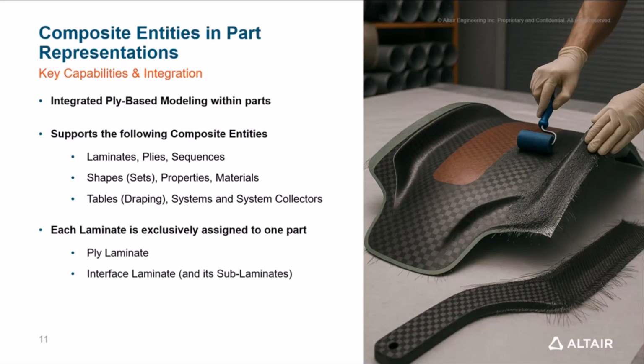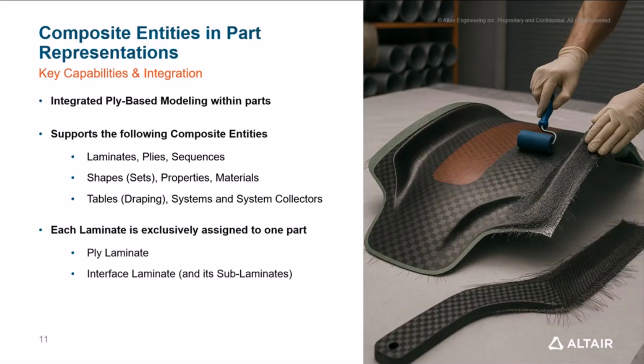What has been introduced in 25.1 is the ability to save, load, and unload the composite entities in part representations. More specifically, laminates and their contents, meaning their plies and sequences, which are lists of plies, refer to the corresponding parts via shapes, which are sets of elements.